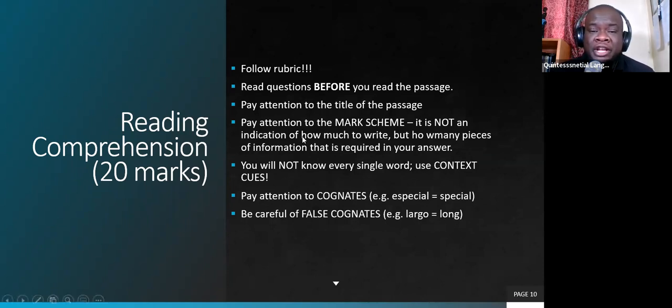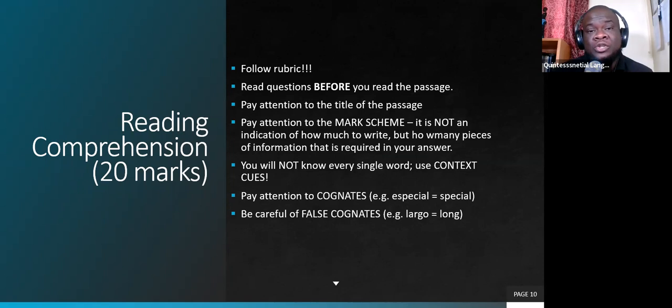So by reading the exam questions before you read the passage, and by paying attention to the title, which is in English, you already streamline the information that you need for this aspect of the exam, and you get some insight into what the passage is going to be about. The title and the questions both give you that insight.